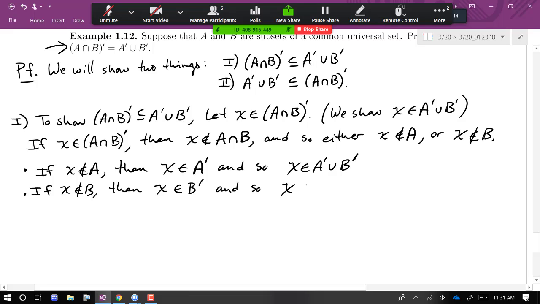So for sure we could say X is in A complement union B complement. At this point, we can say definitively that we have established containment in one direction: the complement of A intersect B is contained in A complement union B complement.